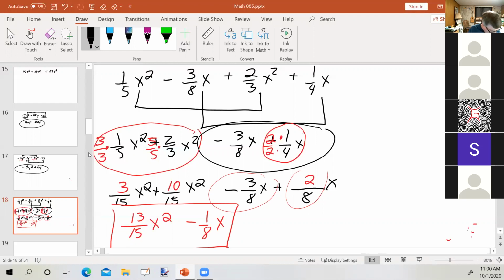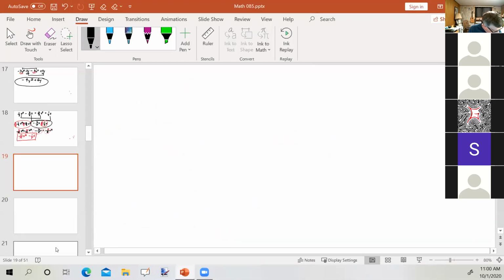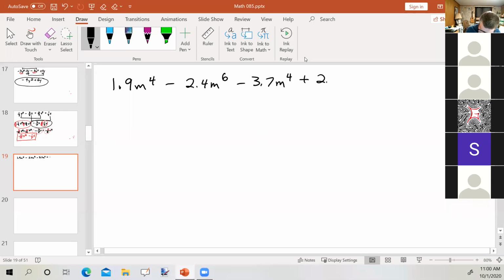Let's see here. Let's do one that is a decimal. We've got 1.9 m to the 4th power minus 2.4 m to the 6th power minus 3.7 m to the 4th power plus 2.8 m to the 6th power. Okay, these two terms are like terms, and those two terms are like terms.